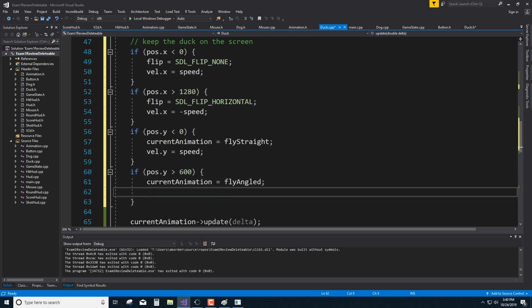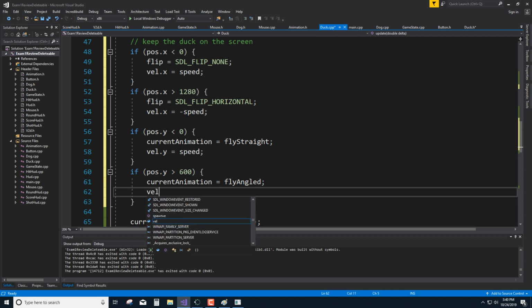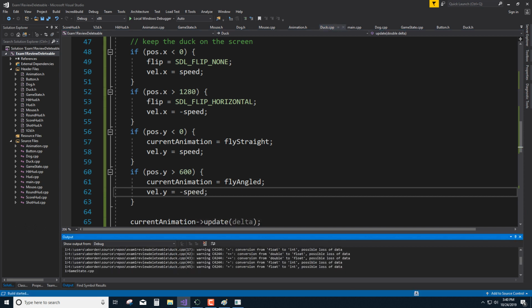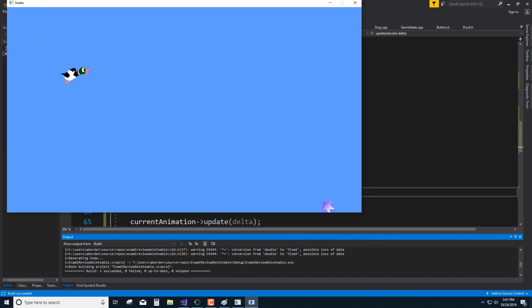So he should be flying straight if he's going down. Current animation equals flying angled, and velocity dot y equals what? Negative speed. Let's see what that does. It should keep him on the screen. Yay! Yeah, exactly.